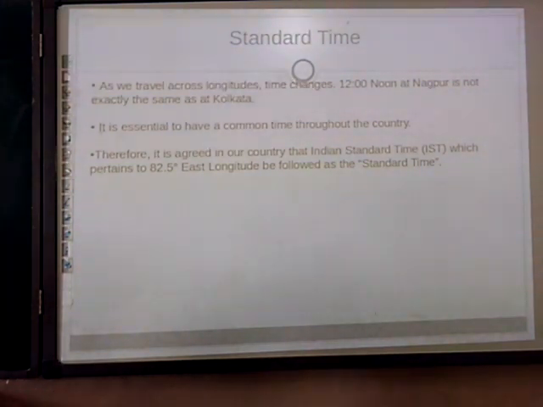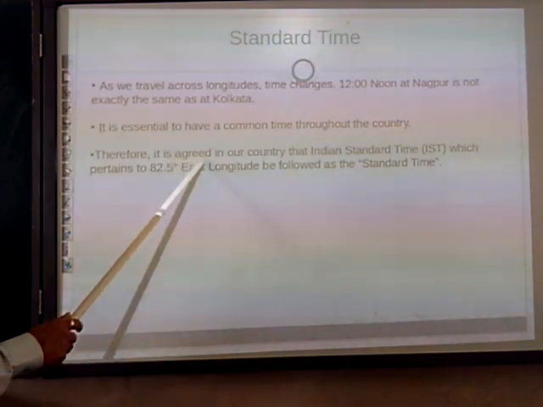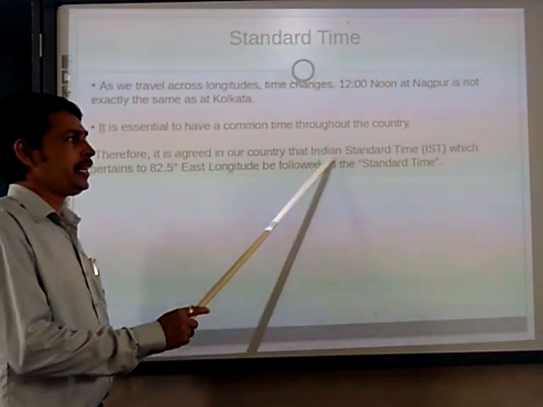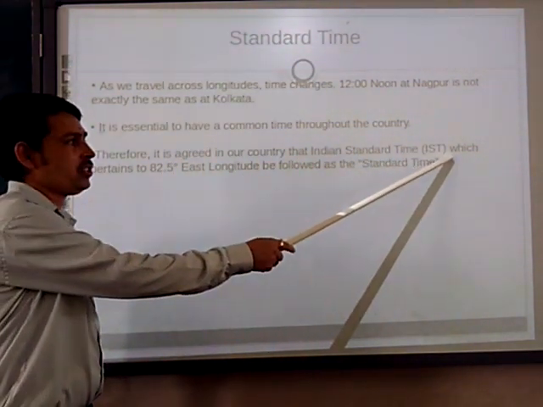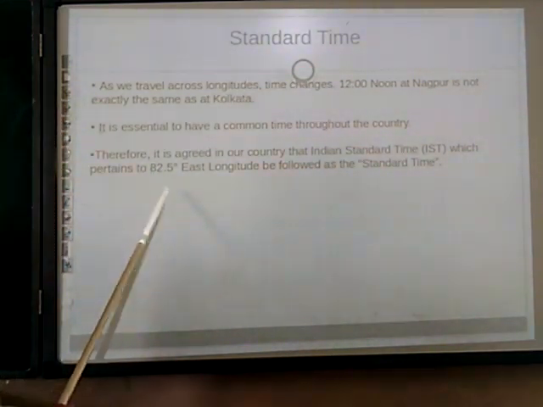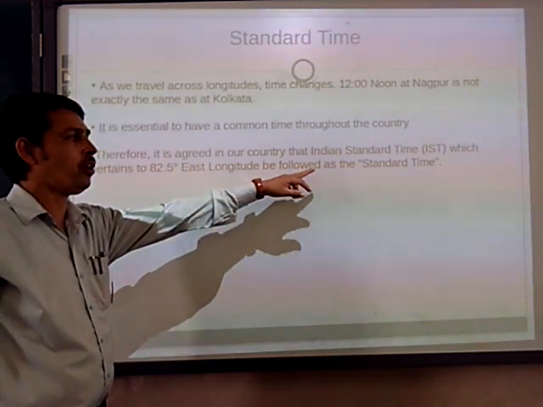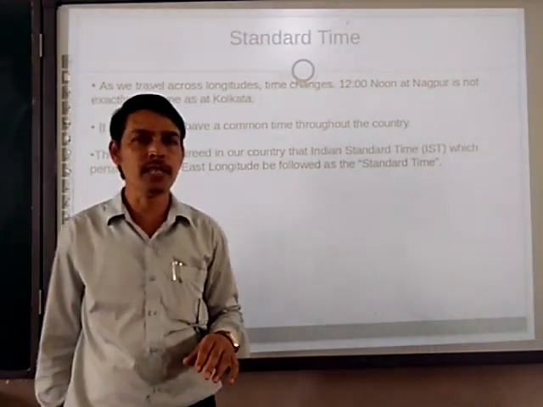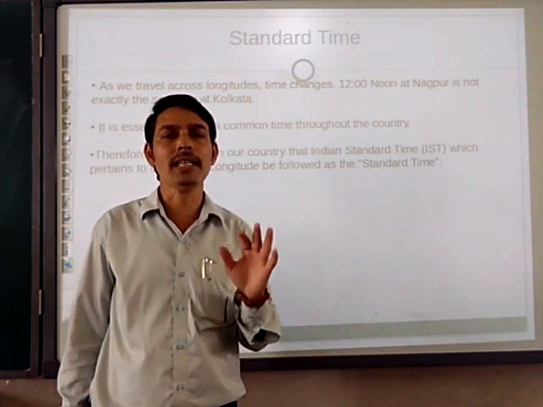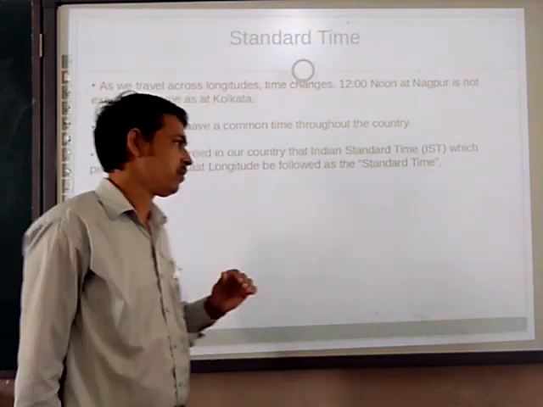Standard time. As we travel across the longitudes, the time 12 noon at Nagpur is not exactly the same at Kolkata, and you know the reason. It is essential to have a common time throughout the country. Therefore, it is agreed in our country that Indian Standard Time (IST), which pertains to 82 degree 30 minutes east longitude, is to be followed as the standard time, and it is passing through Mirzapur, situated in Uttar Pradesh.